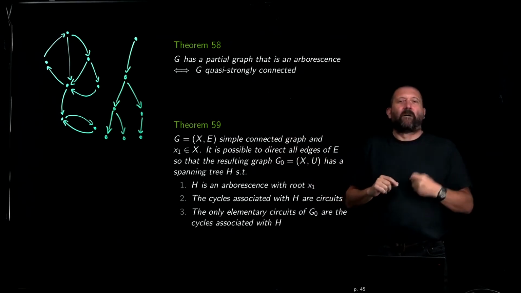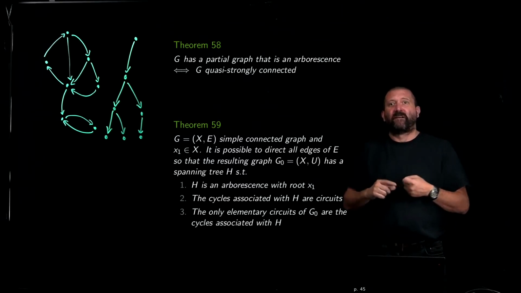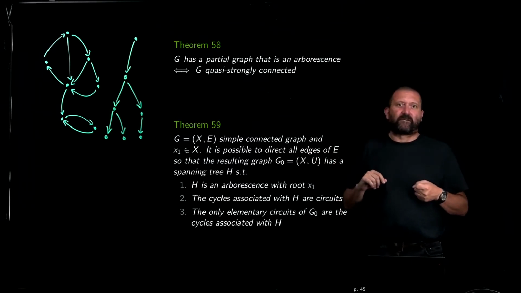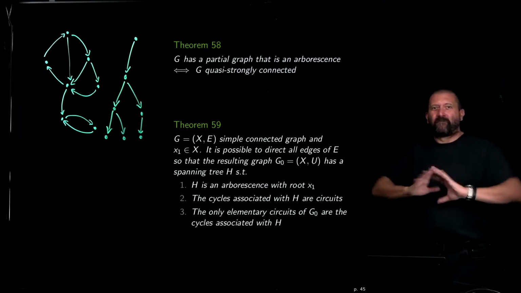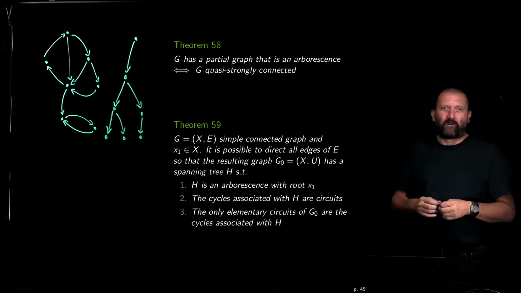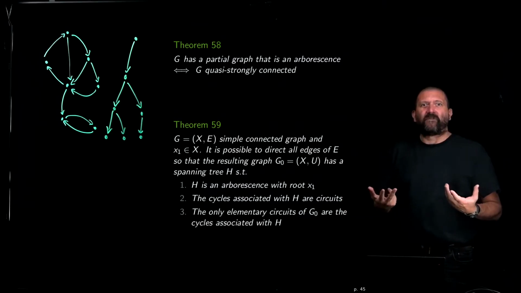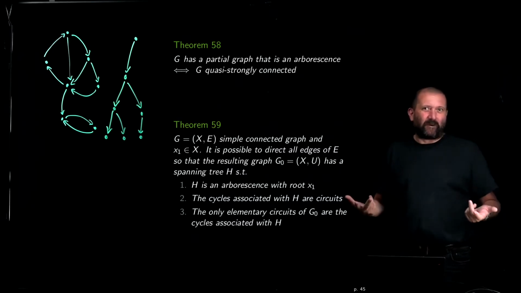So a graph has a partial graph that is an arborescence if it is quasi-strongly connected. If you recall what we did last time with spanning trees, this is the equivalent of making a spanning tree, but making an arborescence.